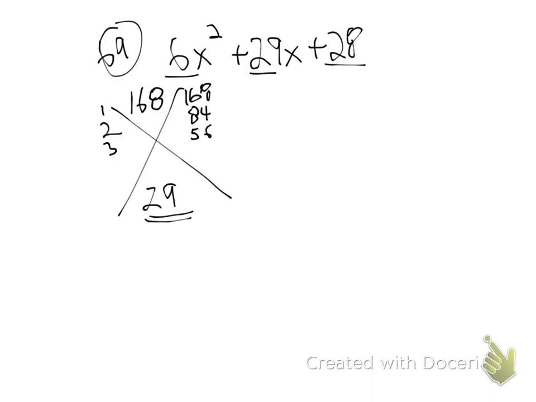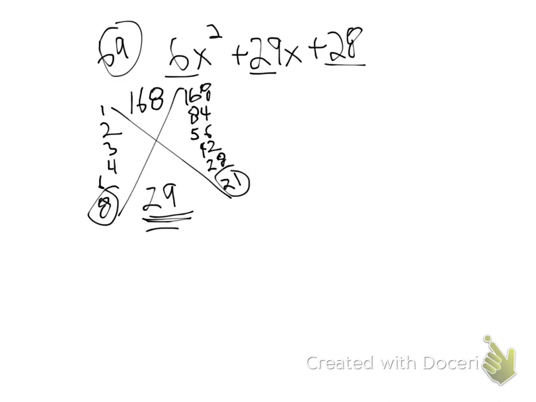We're trying to find factors that add to 29. 4 and 42, nope. 4, 5, 6, does 6 go into it? 6 does. 6 and, let's see, 2 times 6 is 12, 48, 28. 6 plus 28 is 34, so we're getting closer. 7, 8, 8 and 21. So 8 times 21 is 168. 8 plus 21 is 29.